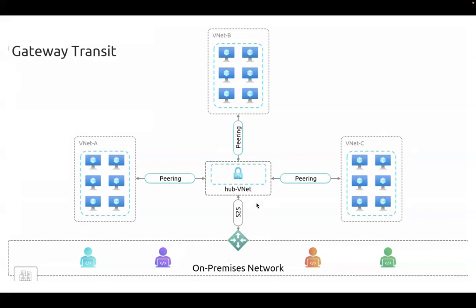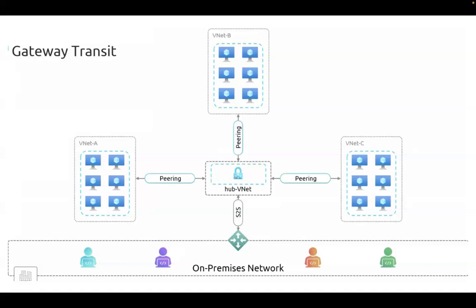So we configure site to site between the hub VNet and on-premise. Technically, three VNet peerings come to the hub, and from the hub it makes the site-to-site connection and goes to on-premise.